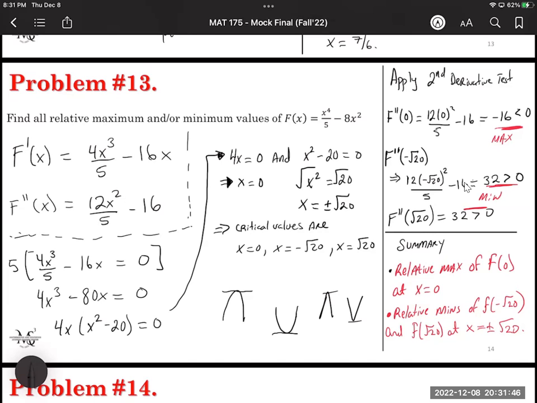Anybody else? I have a question. Sure. I get confused right now because our professor, in this problem of maximum and minimum, he used the derivative number 1, not 2. We didn't use derivative number 2 here.